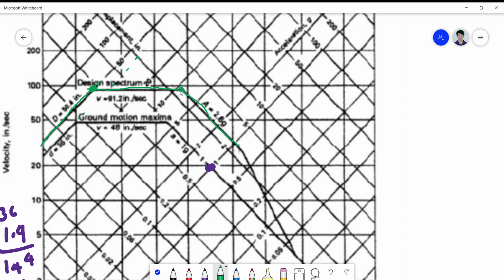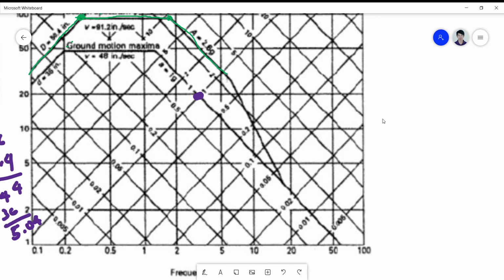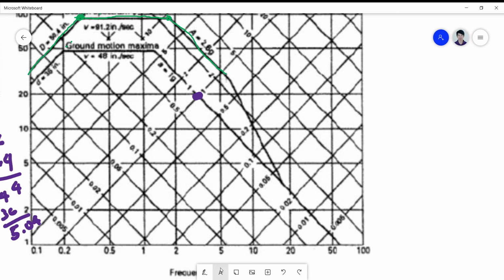Okay, so where do you stop now? You stop at exactly 6 CPS, 6 cycles per second. So at that point you stop, and then connect it to about 30 CPS.